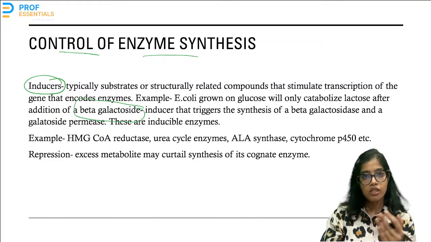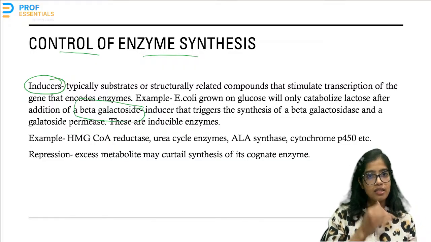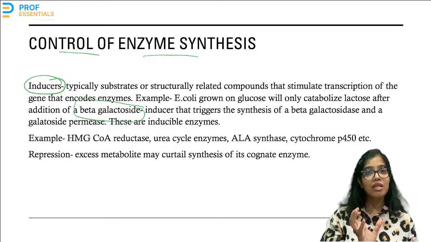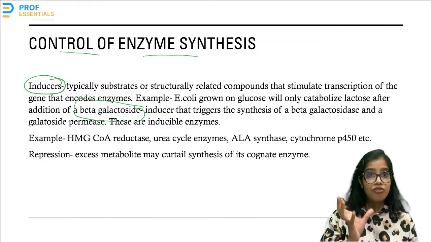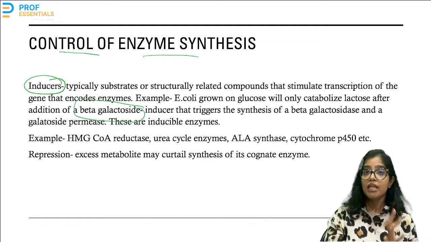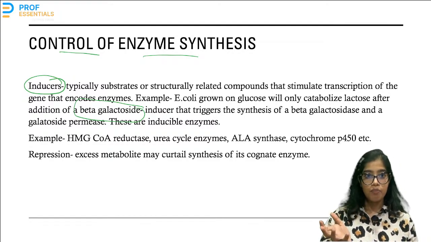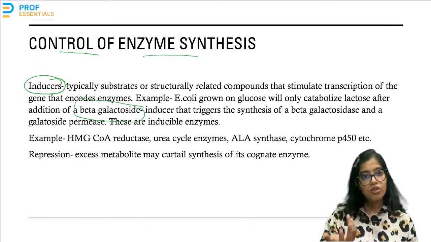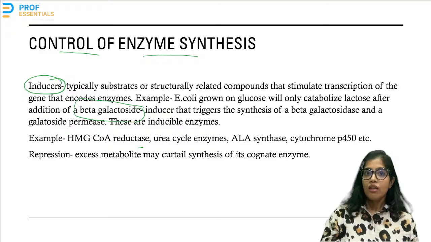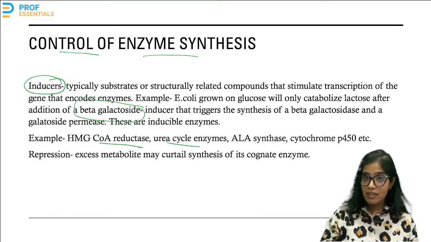So beta galactosidase and galactoside permease are inducible enzymes because they have to be triggered by the presence of an inducer, the beta galactoside in the environment. In humans, examples of inducible enzymes are HMG-CoA reductase, urea cycle enzymes, ALA synthase, and cytochrome P450.